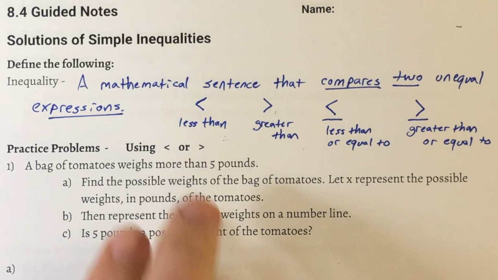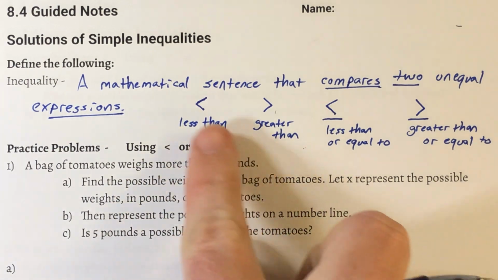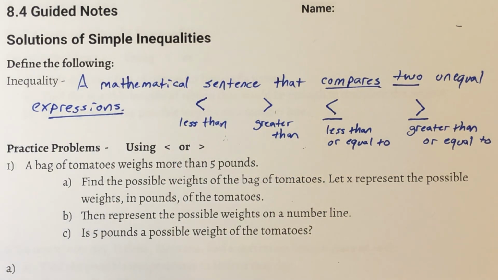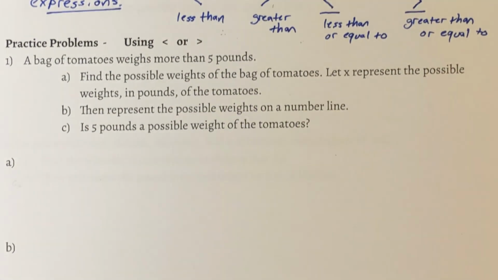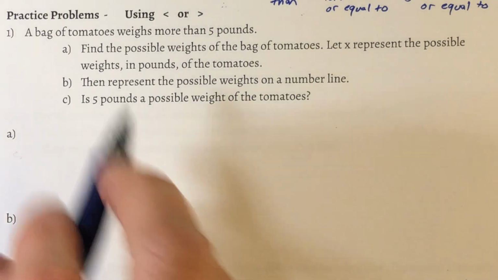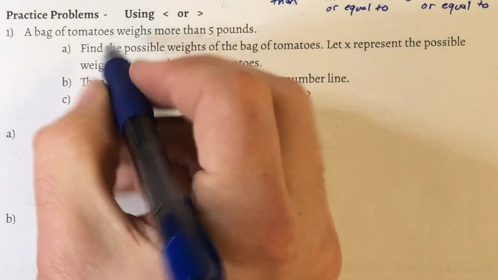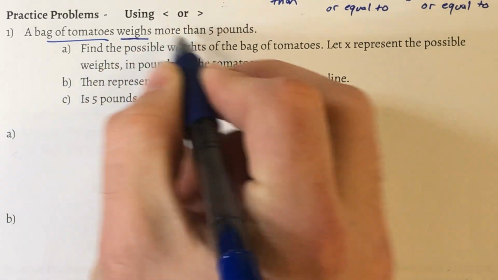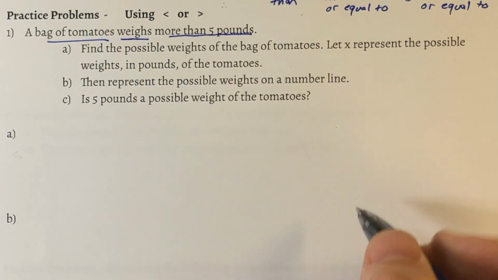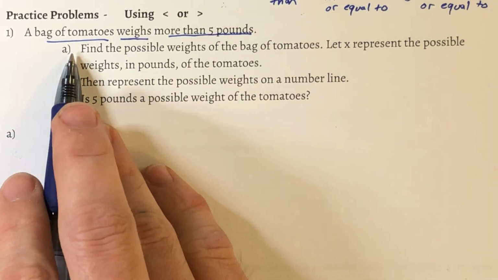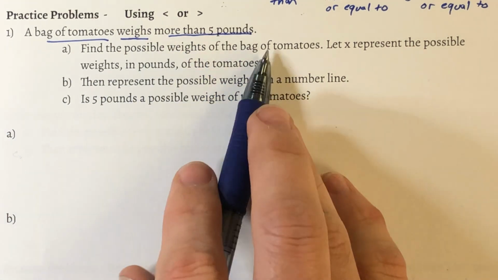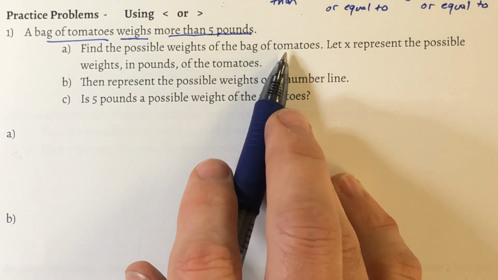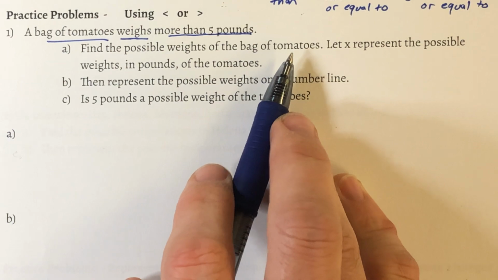Okay, so first, we're just going to focus on the less than and greater than symbols. So our first practice problem says a bag of tomatoes weighs more than 5 pounds. Part A, find the possible weights of the bag of tomatoes. So in other words, we need to know all the answers. What could it be?